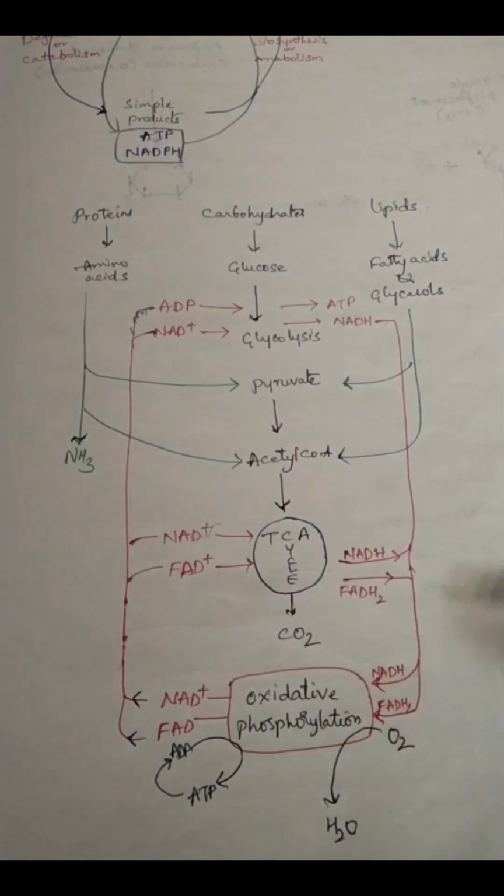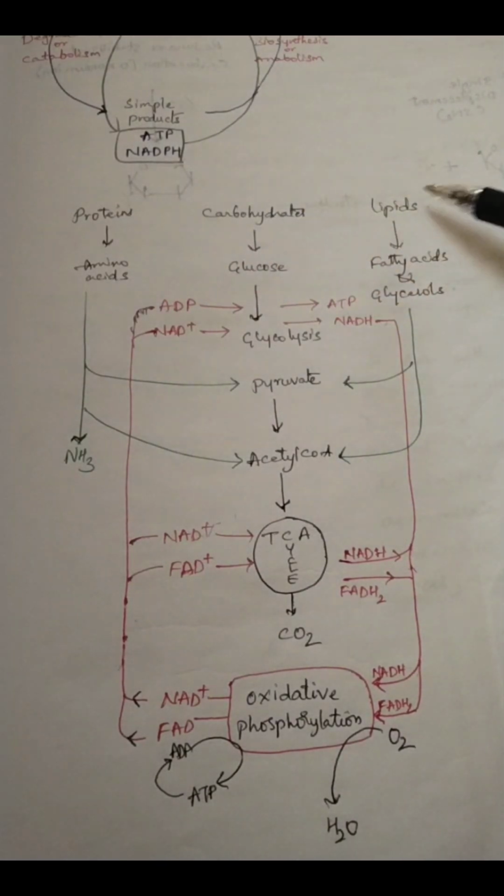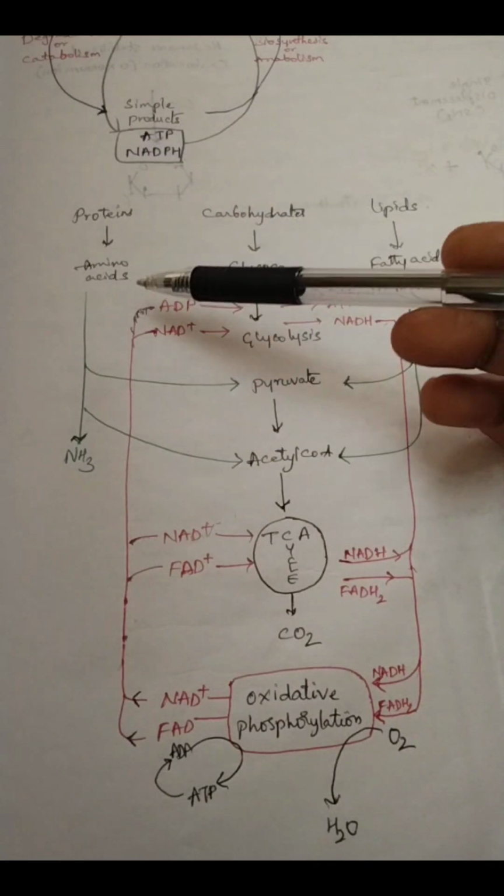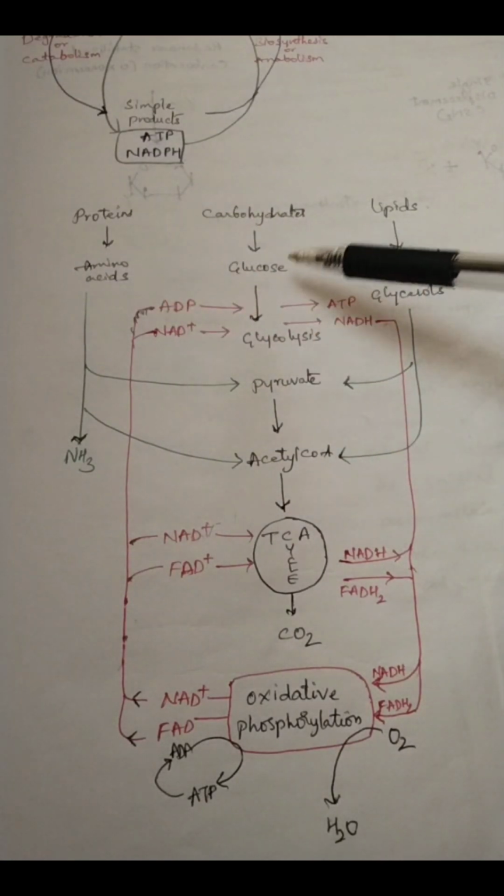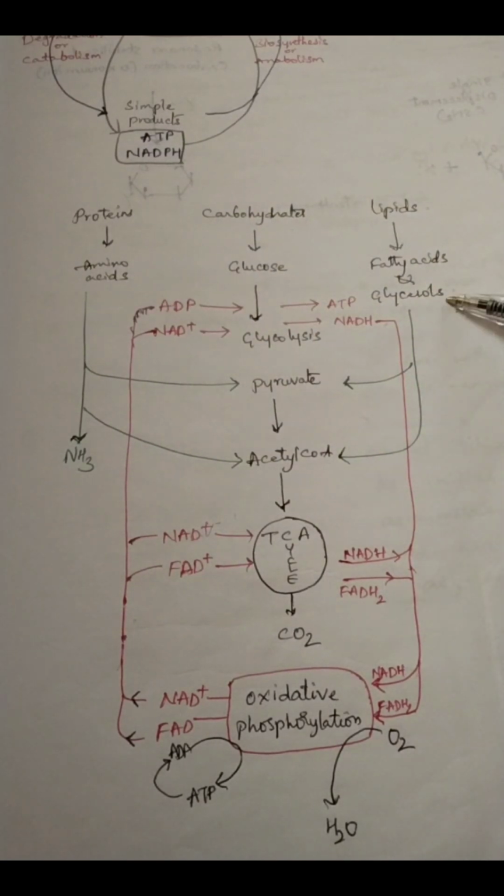This is the basic schematic representation of metabolism, wherein the complex molecules like proteins, carbohydrates, and lipids get converted into their corresponding amino acids, glucose, fatty acids and glycerols.